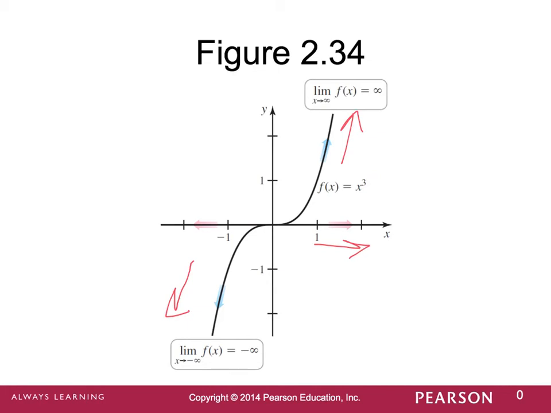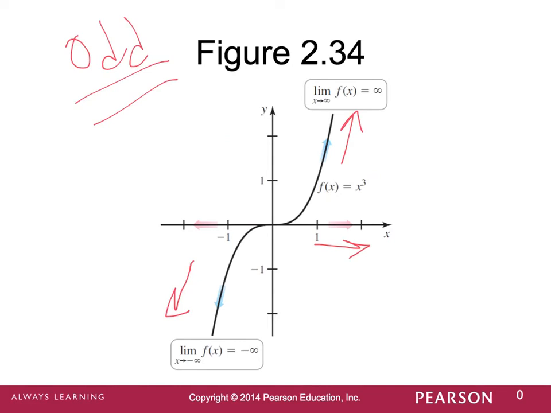This behavior is consistent for all odd functions, and we see that with odd functions, as x approaches positive infinity, we approach either positive or negative infinity, and then as we approach negative infinity, we approach the other infinity. So if it's going off to positive infinity to the right, it'll go to negative infinity to the left.